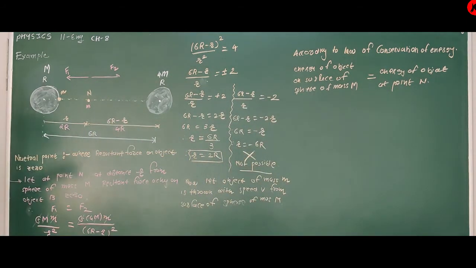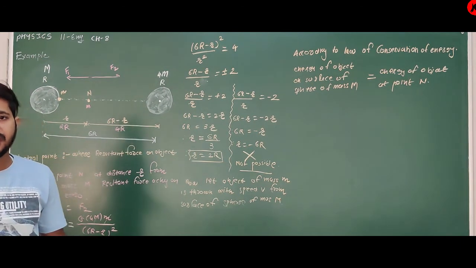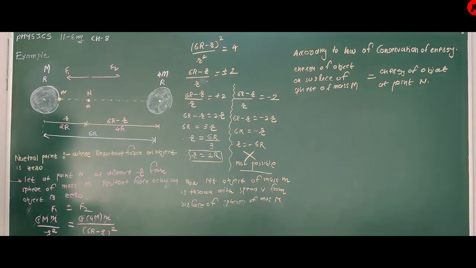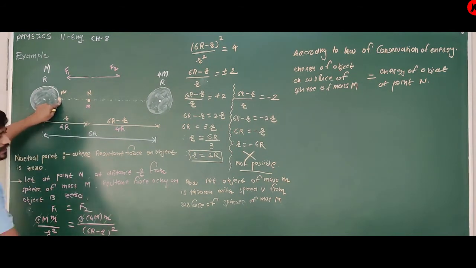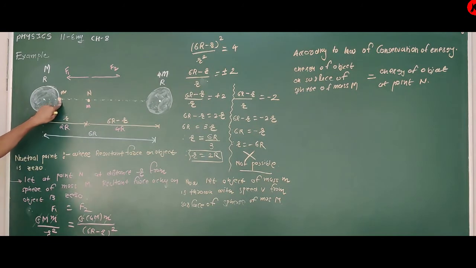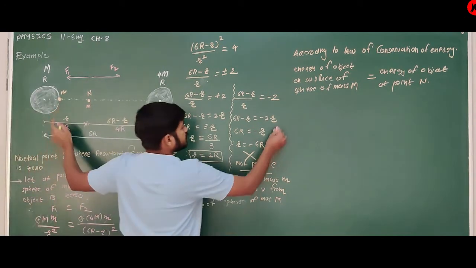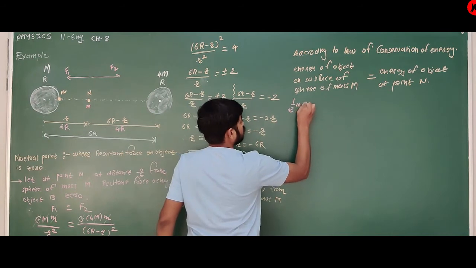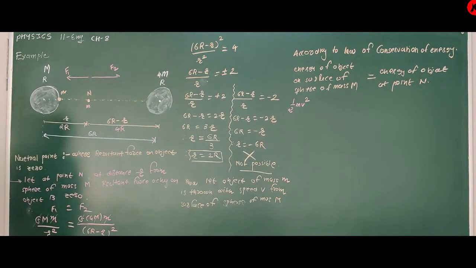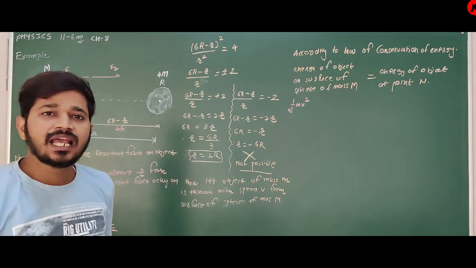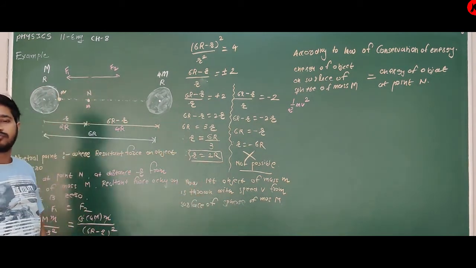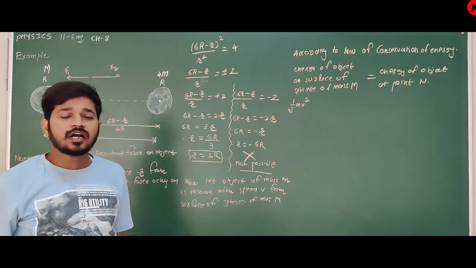We use the law of conservation of energy, that is, find the energy on the surface of the sphere of mass m and the energy at point n. Energy means kinetic energy plus potential energy. Then how to write the equations? See, from the surface, the object of mass m is thrown with speed v from the surface of the sphere of mass m. So here its speed is v, so it is half mv square. Now what about potential energy? First of all, you have to find it. How many objects are there?